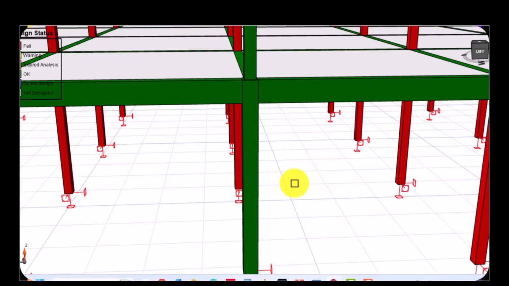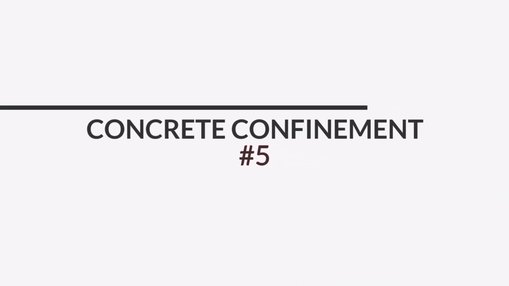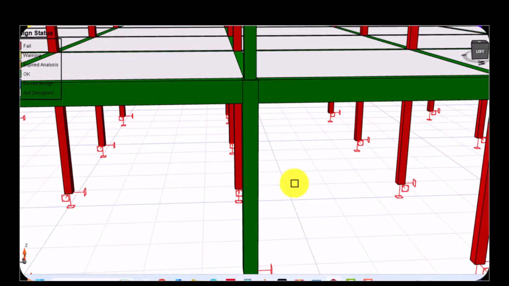The next point is concrete confinement. Many people completely ignore concrete confinement. Concrete is very good in compression, always have that in mind, and it always wants to expand sideways.